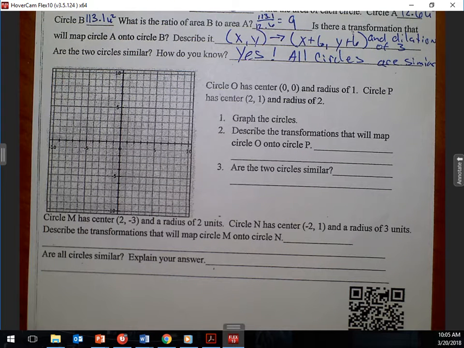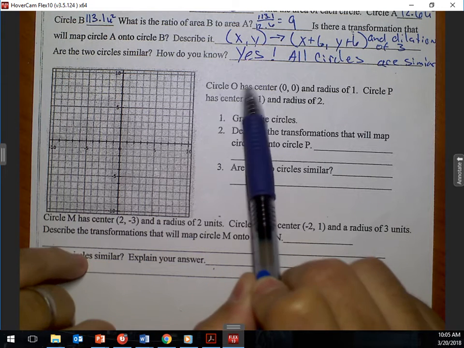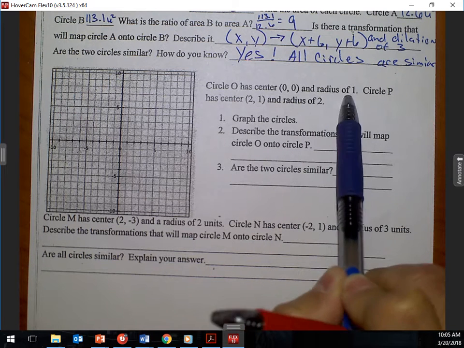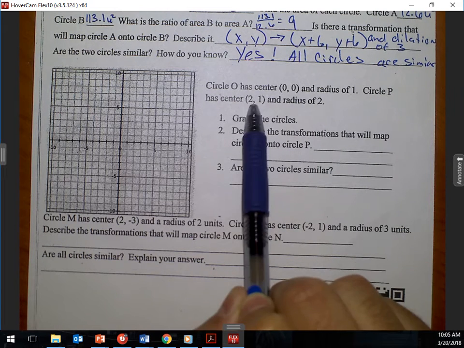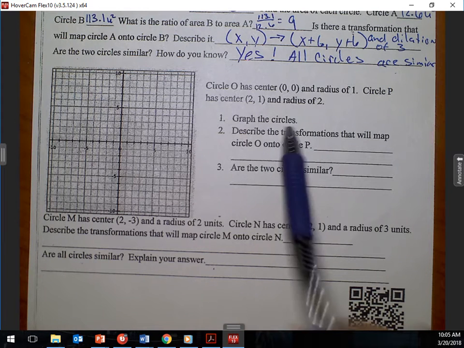All right, so we're taking a look at this right here. We have to go through and do a couple things. First, it says circle O has a center at 0, 0 and a radius of 1. Circle P has a center of 2, 1 and a radius of 2. Graph the circles.